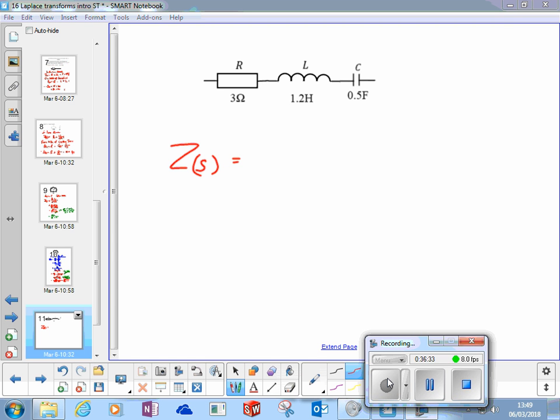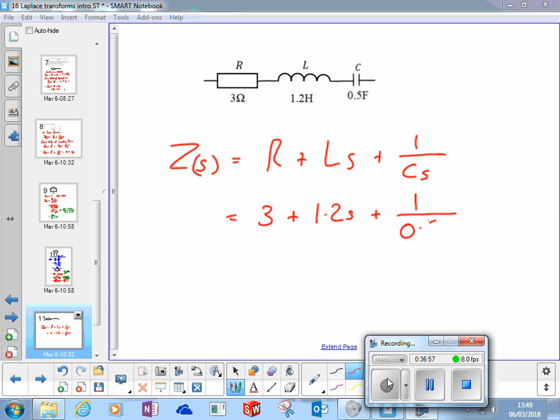Z(s) is equal to, just the letters for now, R plus Ls plus 1 over Cs. So put the numbers in. It's 3 plus 1.2s plus 1 over 0.5s.